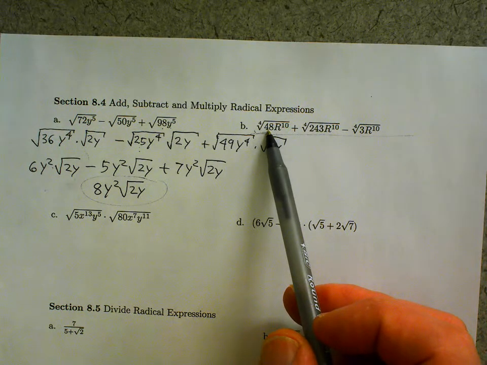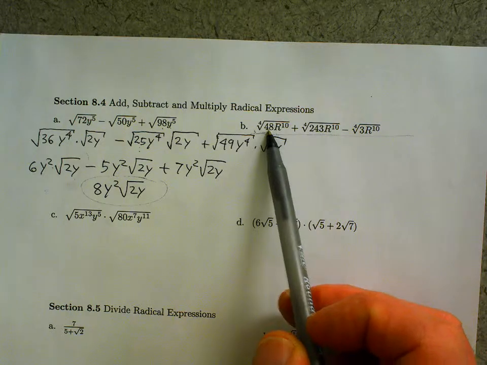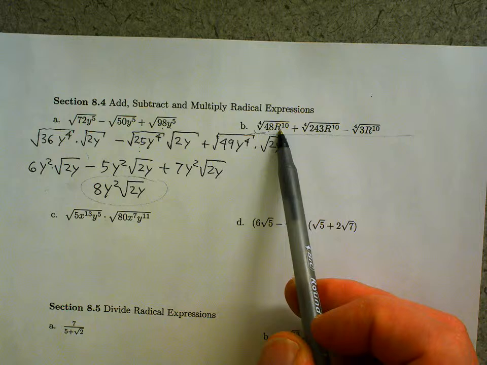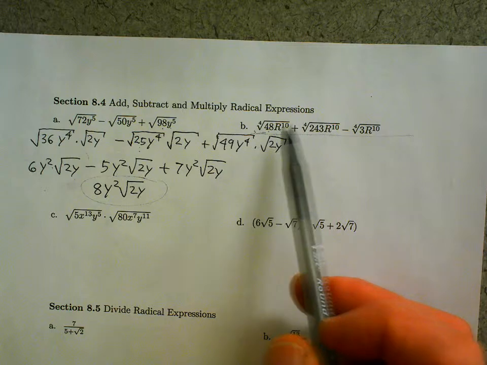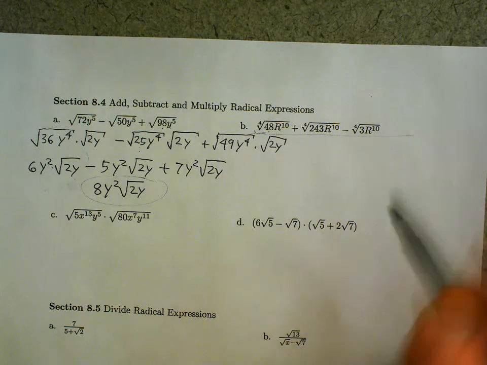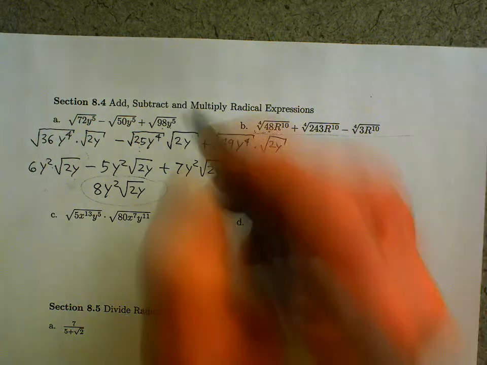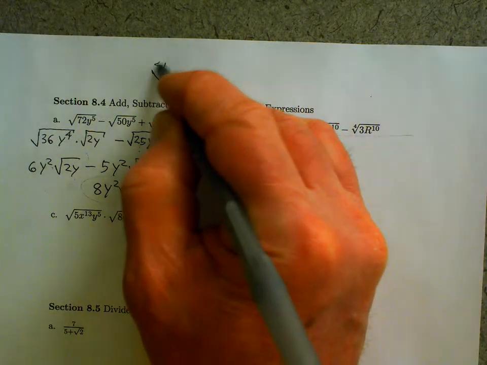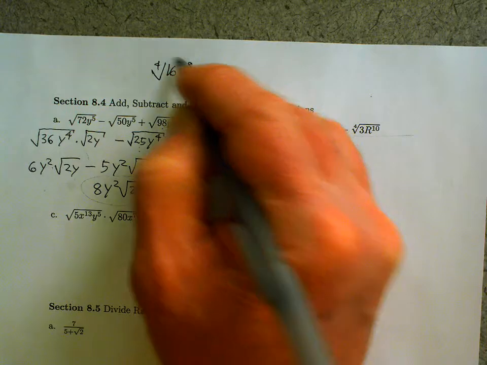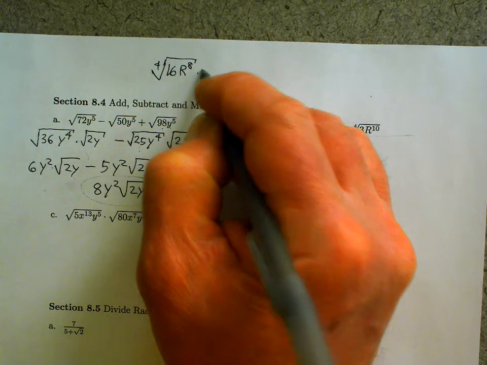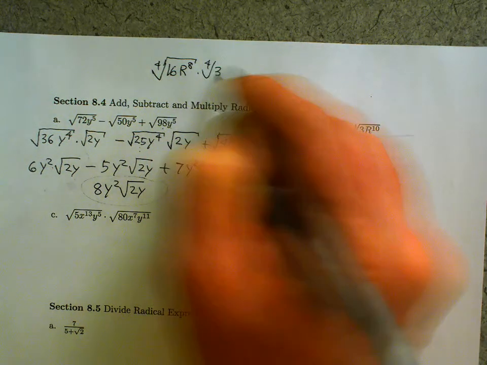Okay, the largest fourth power factor of 48 is 16 because 2 to the fourth is 16. And the largest factor of r to the 10th that's a perfect fourth power is r to the 8th. So we'll rewrite this as the fourth root of 16r to the 8th times the fourth root of 3r to the second.